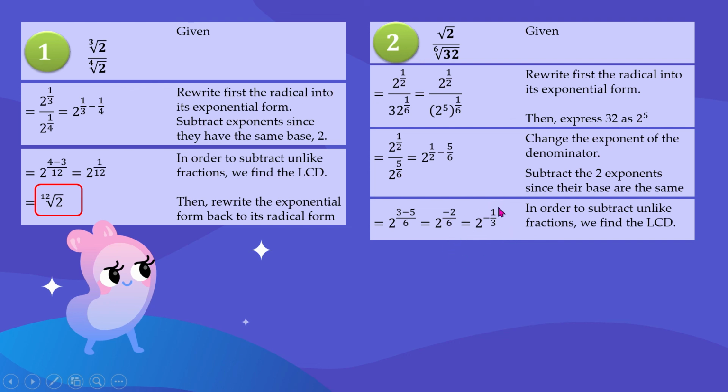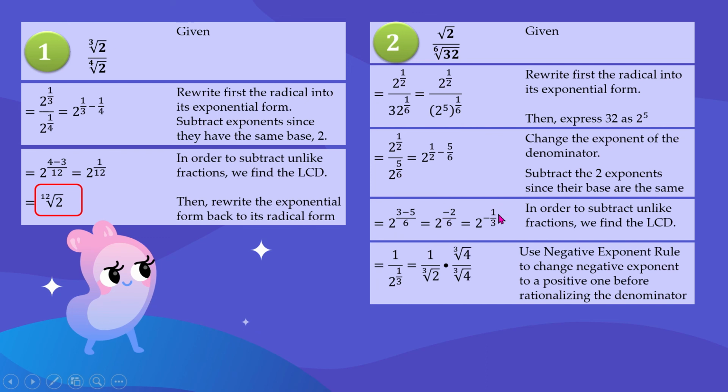The rule says x exponent negative n is equal to 1 over x exponent positive n. So this 2 exponent 1/3 goes down to the denominator. Our numerator is 1. Using the negative exponent rule, we can change the negative exponent to a positive one before rationalizing the denominator.